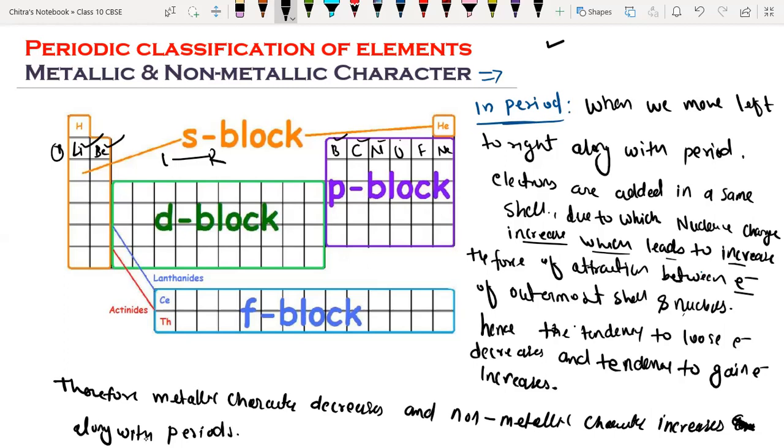Understood, everyone? So this is the trend. When we move left to right, here we have more metallic, more electropositive metals, then intermediate, and then metalloids and non-metals. This is how metallic and non-metallic character varies in a period.